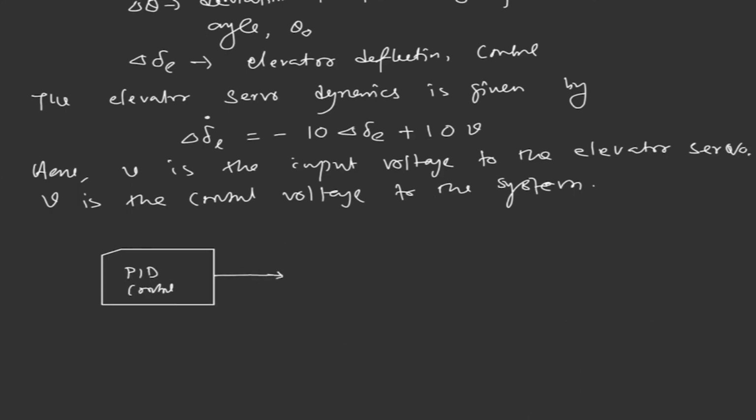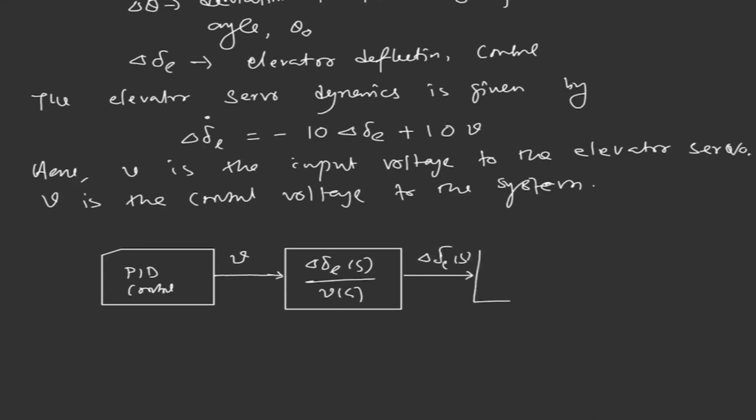The output of the PID controller is V, which is going to the servo system, delta E of S divided by V of S, and which gives the elevator control delta E of S to the plant, which is denoted by delta theta of S divided by delta E of S, and the output is delta theta.